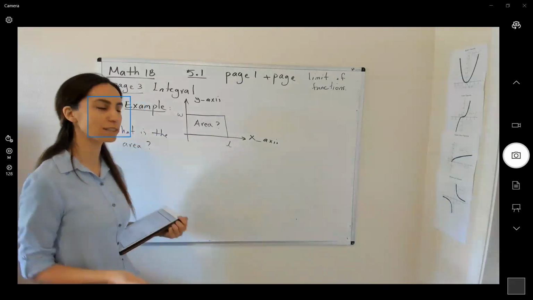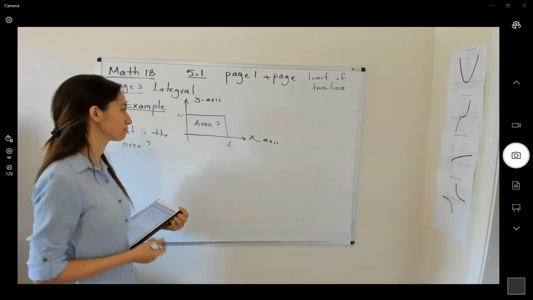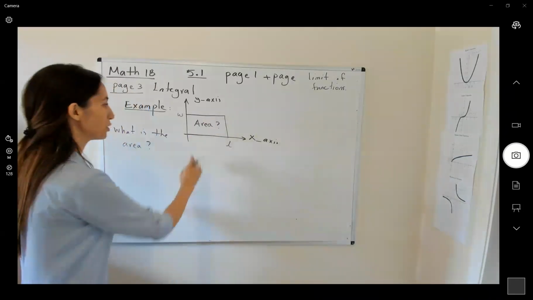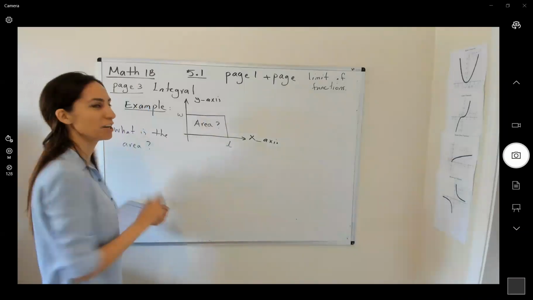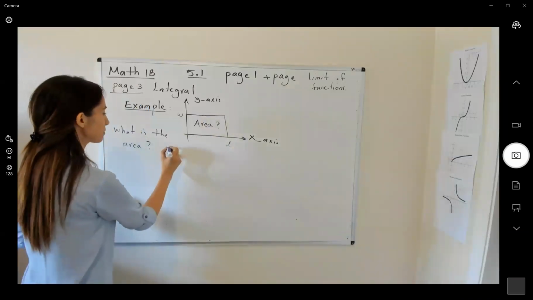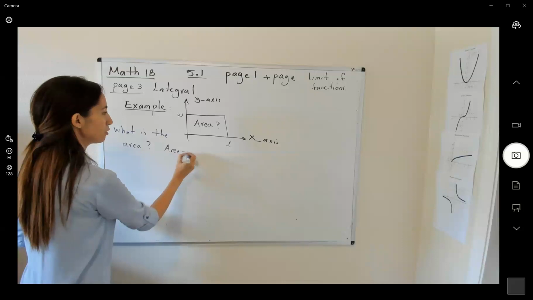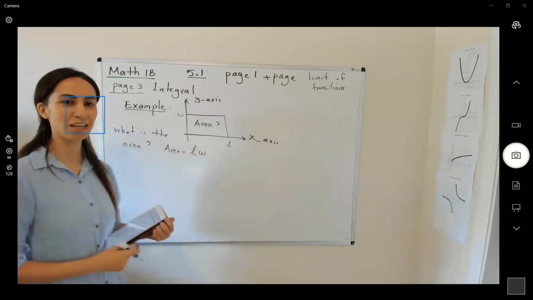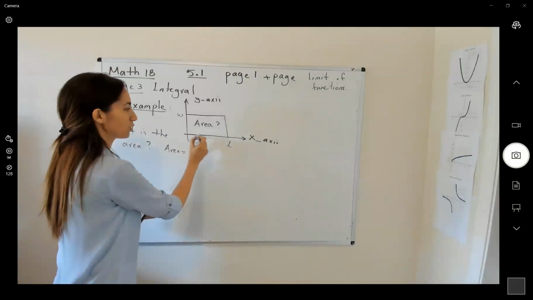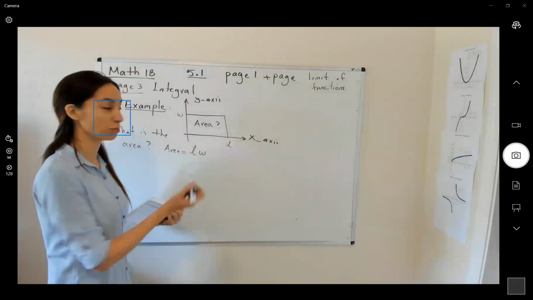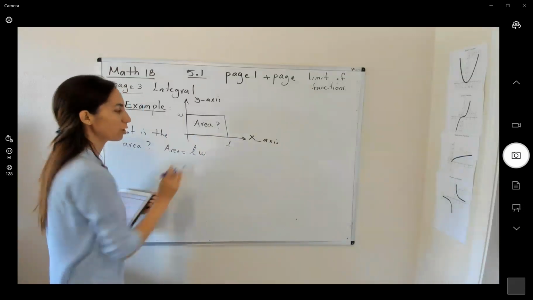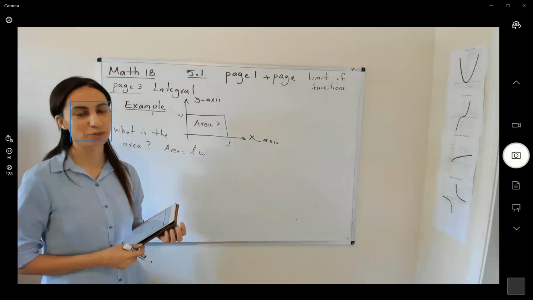Of course, it's just an algebraic object. You already know how to find the area of a rectangle. Area equals length times width. You measure the length, you measure the width, you multiply them together, and you have your area.